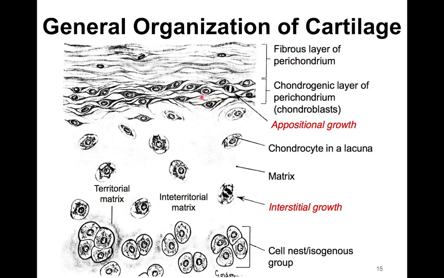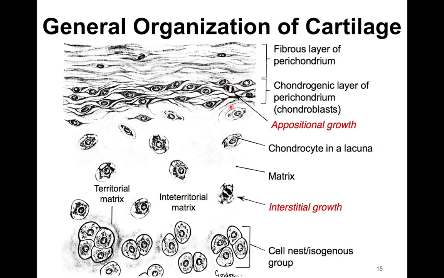And these chondroblasts produce matrix. And gradually they will be surrounded by the matrix and they will migrate into the main cartilage matrix and they become chondrocytes. But the production of the matrix plus the cell division results in growth.